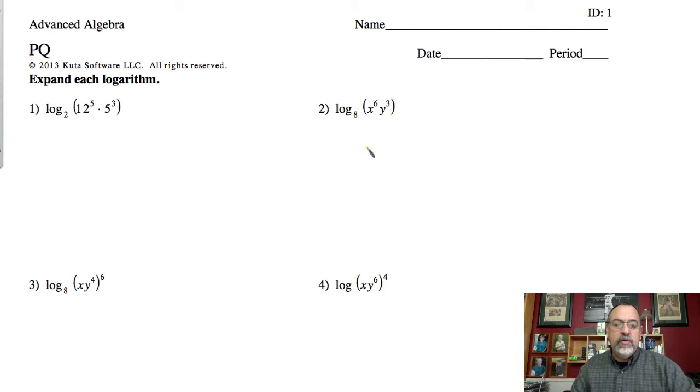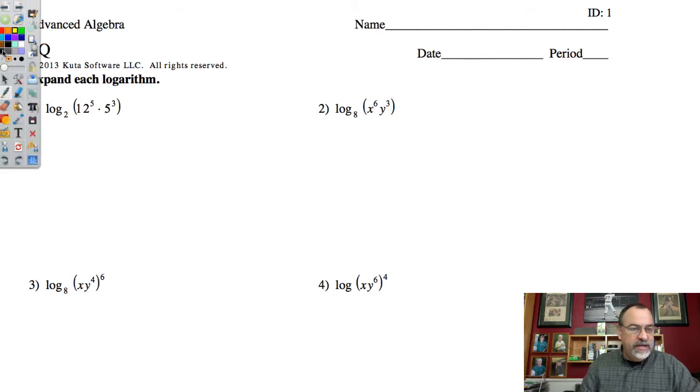Now that's probably the more important part of the lesson, because when we go to solving logarithmic equations, we're going to need to take multiple logarithms, condense them down into a single logarithm, because we need to change it to its exponential form in order to determine the value of x. So they kind of go from easier to harder, so you can kind of watch a couple if you think you have it and kind of move forward and stop, whatever fits your needs. So let's go ahead and tackle these.